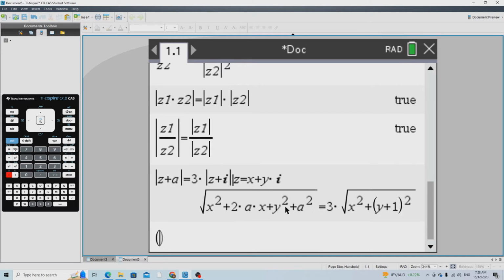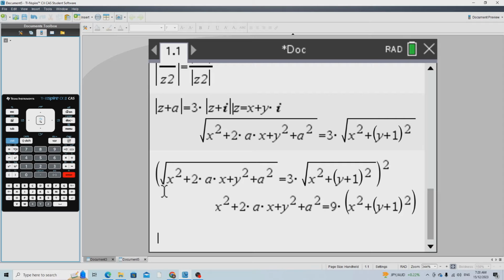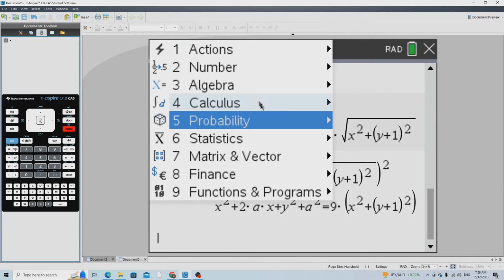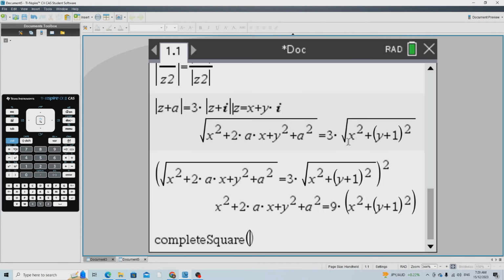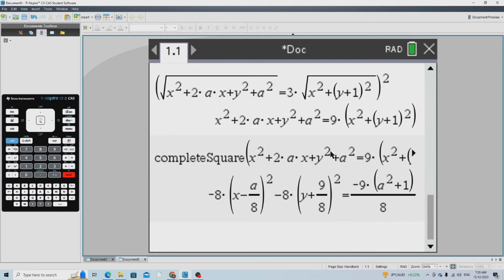We're going to square both sides. And we get this. And finally we're going to complete the square because we want to make sure it looks like an equation of a circle. Answer, comma X, comma Y. And we get this. Okay, this is not a nice equation. Remember, in an equation of a circle, we don't want these coefficients in front, and they're also negative.